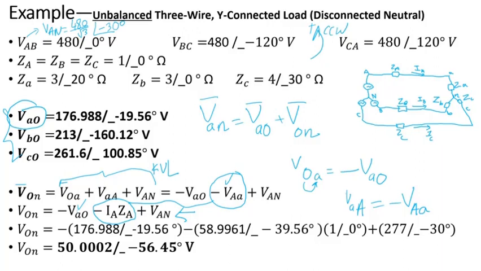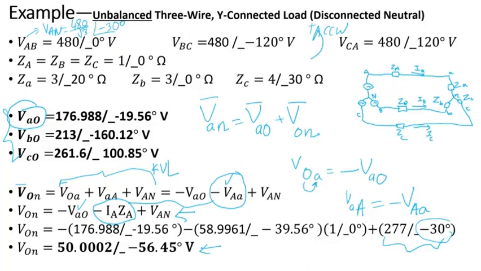So 480 divided by root 3 is 277. And since the line to neutral is lagging the line to line by 30 degrees, that's why I show the negative 30 here. So if you carry out the calculation, you get 50.0002 with an angle of negative 56.45 degrees, and that's in volts.